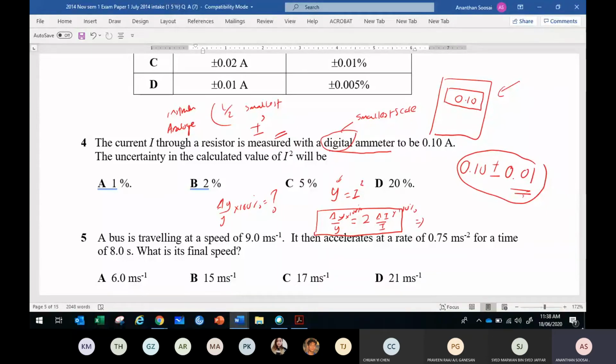So 2 times the change in I, which is 0.01, over I, which is 0.10, times 100%. This is your answer.